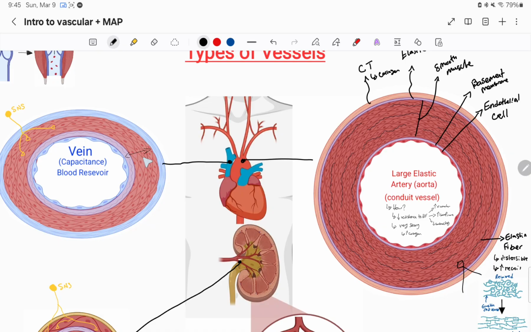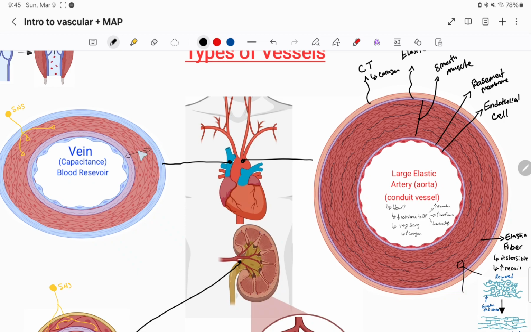Sometimes some textbooks say they have a little bit, but I didn't draw them here, so they don't have much elastin. And because they don't have much elastin, they can't really distend, and that makes them very much optimal for being a low pressure system, okay? And they're a low pressure system. And we'll see a little bit later how that low pressure also comes about.